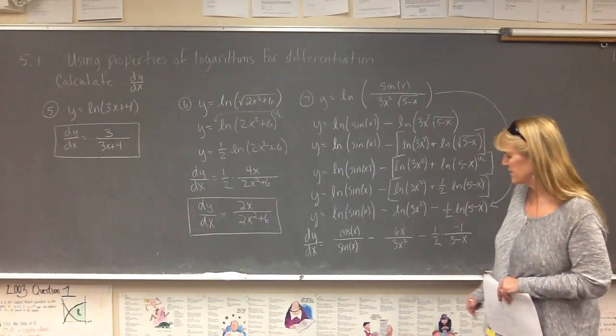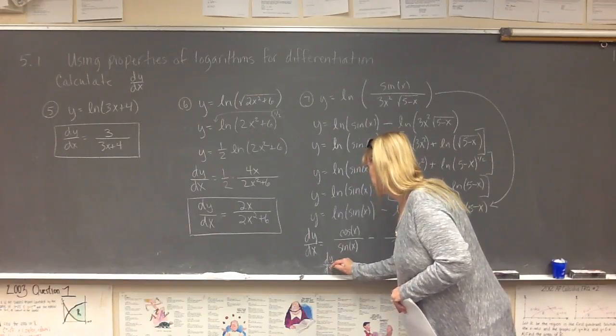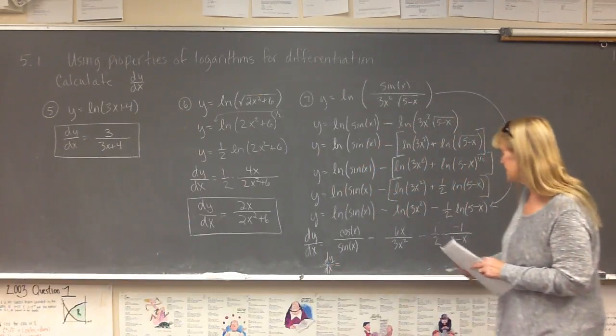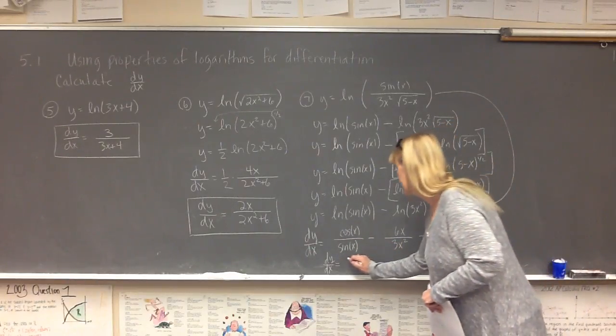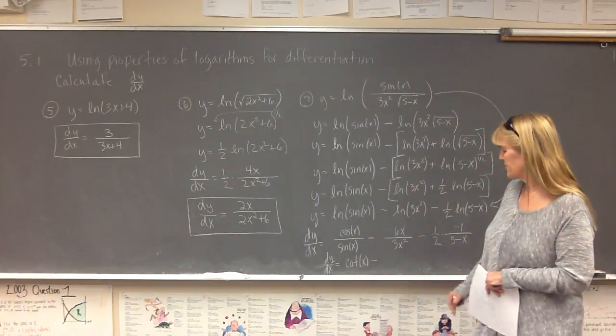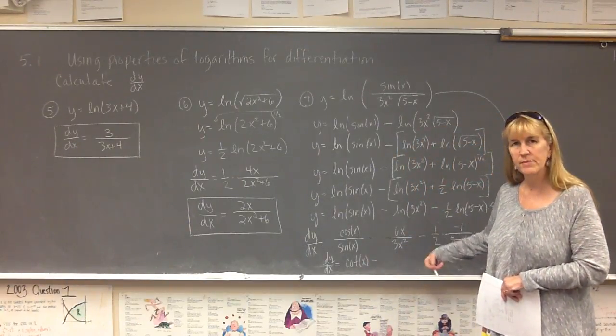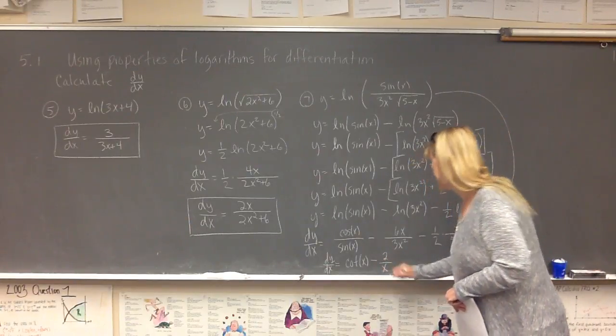So I have room just enough to put dy dx equals on the bottom here. And I will go ahead and call cosine x over sine x cotangent x, just because I can. Minus the 6 and 3 will divide off and give me a 2. I'll have an x left on the denominator, so 2 over x.